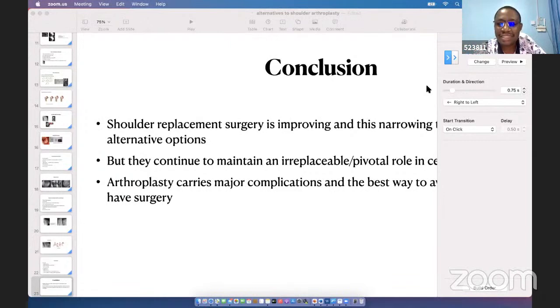But in later stages, when the disease has destroyed the joint, the best is a reverse shoulder arthroplasty, because those tendons are usually frail and torn, and you are not able to repair them. Even when you repair them, they continue the progression of inflammation and destruction, such that those patients will not get very good outcomes with non-arthroplasty methods.